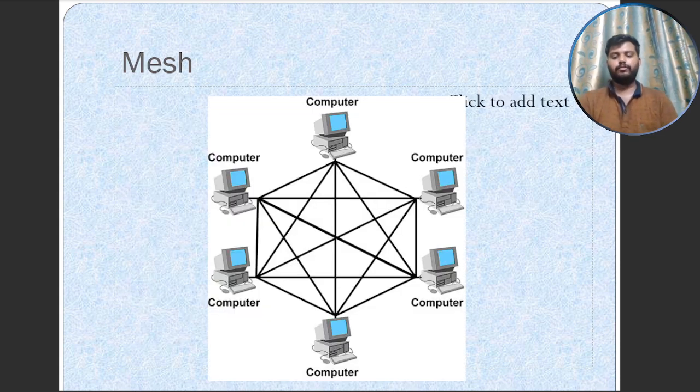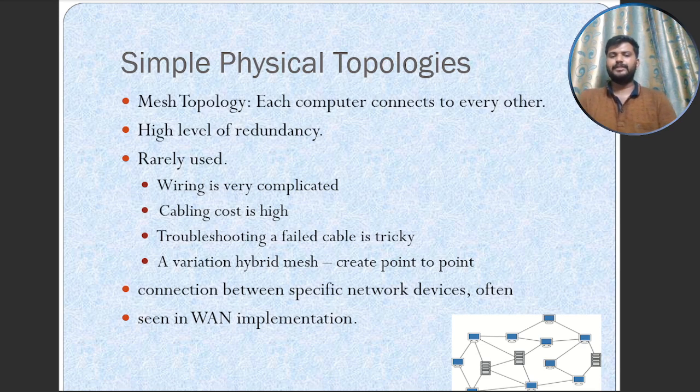Mesh topology, if you want to talk about mesh topology, every computer connects with the other devices. And this is also an advantage, we can say, because there is no privacy issue, there is no security issue in it. Cables are quite complicated, you require more cable in it, because every single node is connected, so you require more cables to make it a mesh topology.